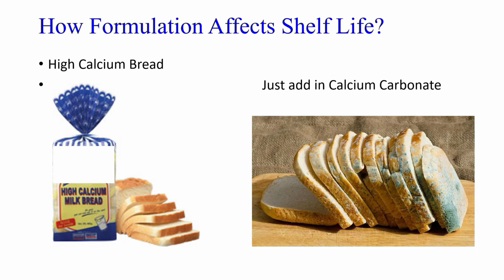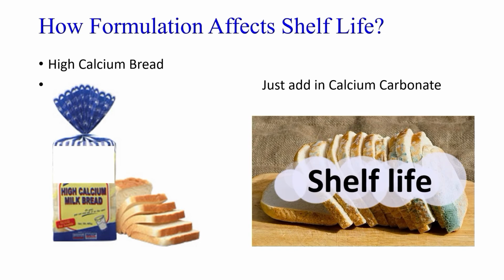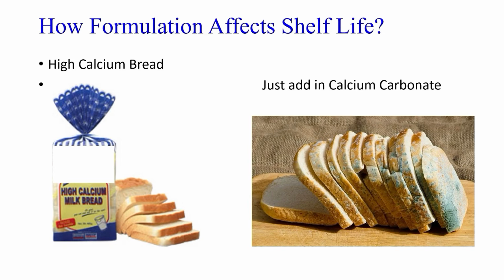That is why the formulation of a new product is very important, and we need to test the shelf life before we launch the product. If not, the case will happen again, like this one.